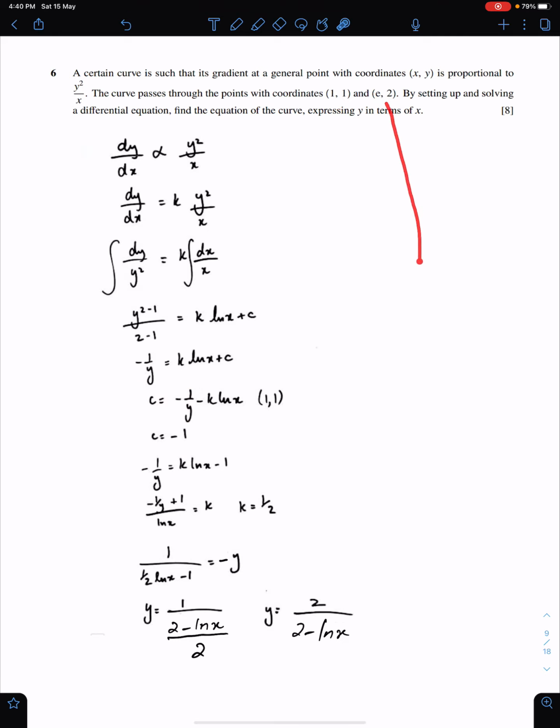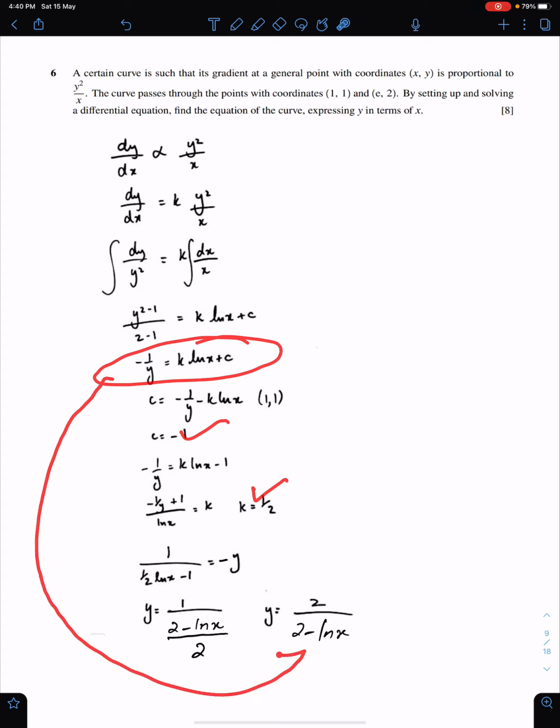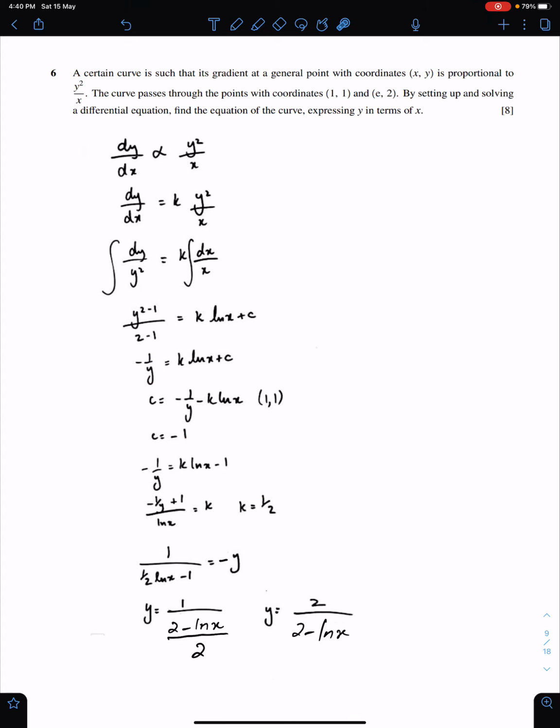Now substitute (e, 2) with c = minus 1. So k is half. Now by substituting c and k into this equation, you will get this answer: y = 2 upon 2 minus ln x. You must be good at algebra.